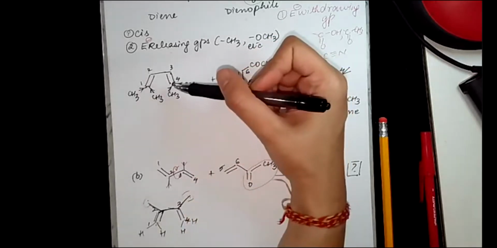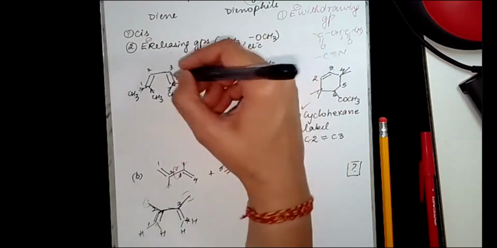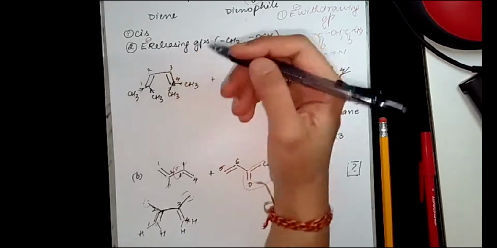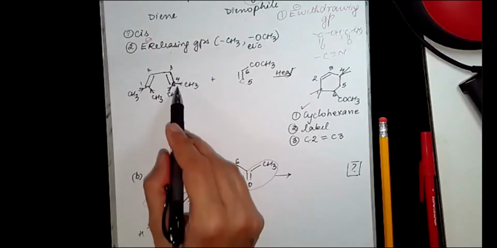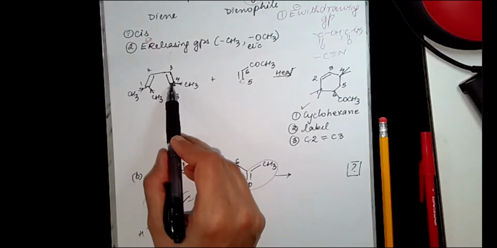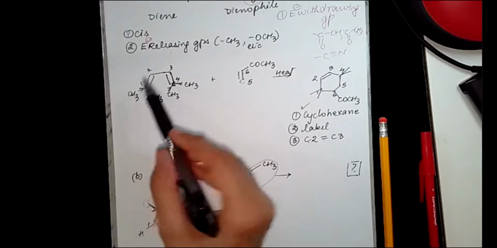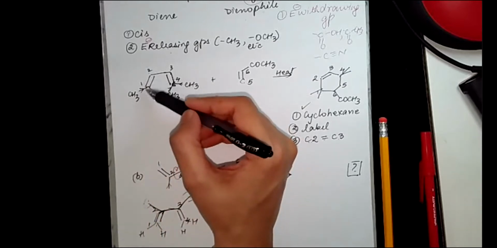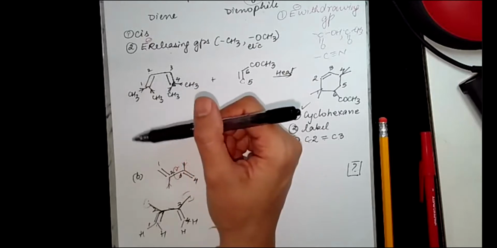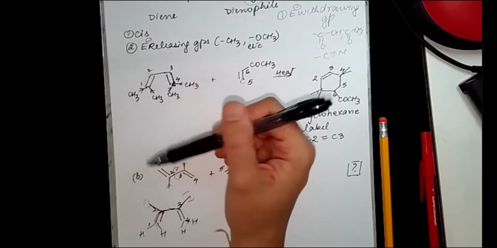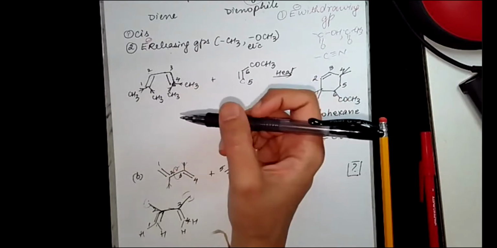But if you look back here, what kind of alkene is this? Across this alkene, I have 1, 2, 3 substitutions. So this is a tri-substituted alkene. Similarly here, across this alkene, I have 1, 2, 3 substitutions, making this a tri-substituted alkene as well.